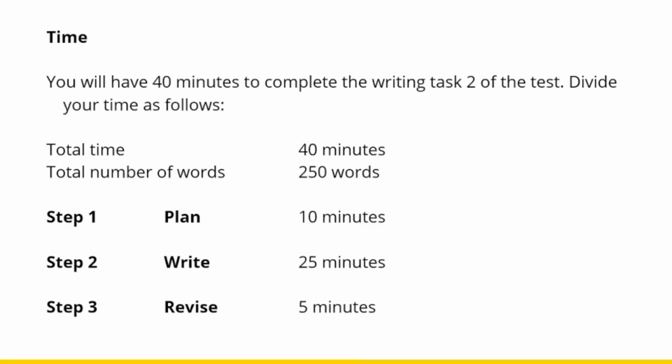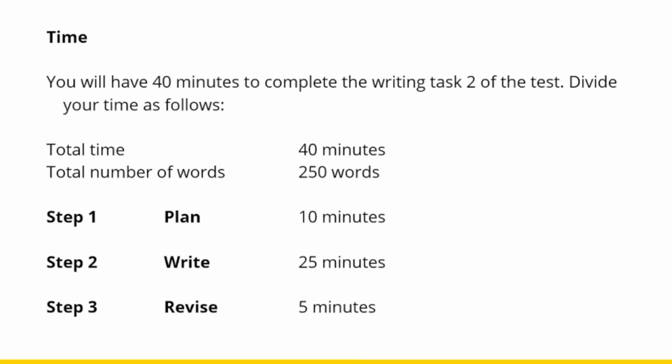You would have to write at least 250 words. It can be more, but again, it cannot be less than this number. You'll be given 40 minutes, and in order to successfully complete this type of essay, I suggest you follow these steps. Step 1 is planning your essay, for which you should spend about 10 minutes.